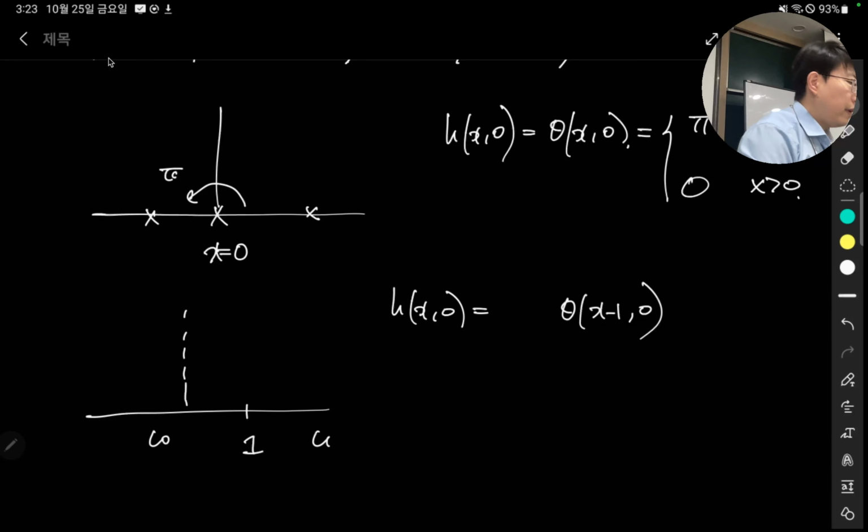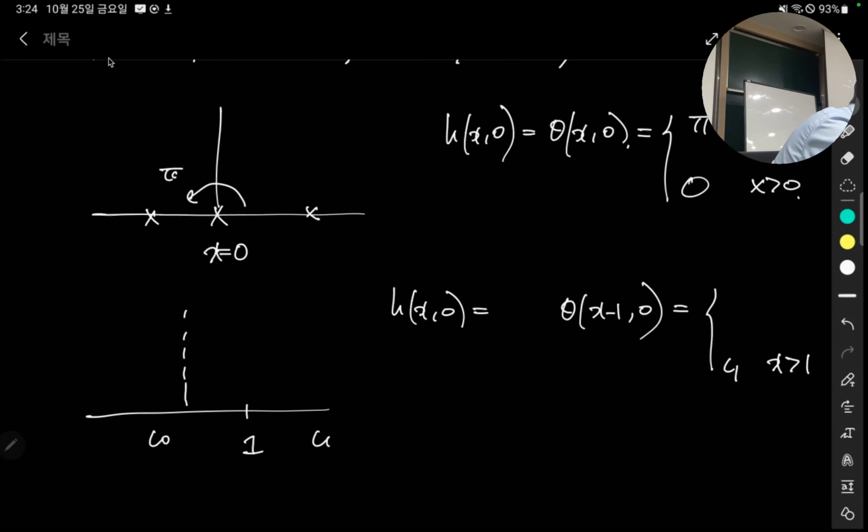theta of (x minus 1, 0). So when x is less than 1, then x minus 1 becomes negative, a negative number. When it's negative, I know that theta always gives me pi as an angle. And when x is bigger than 1, it always gives me 0. So when x is bigger than 1, I want that to be C1, right?